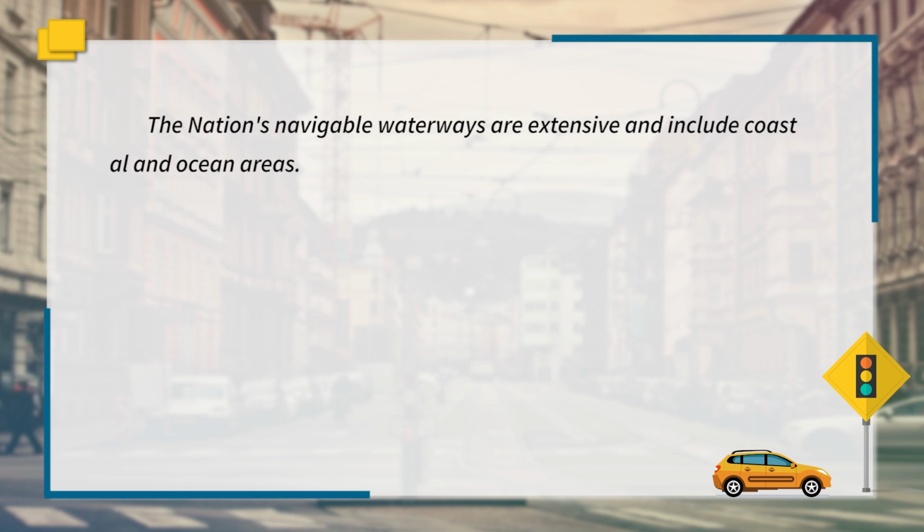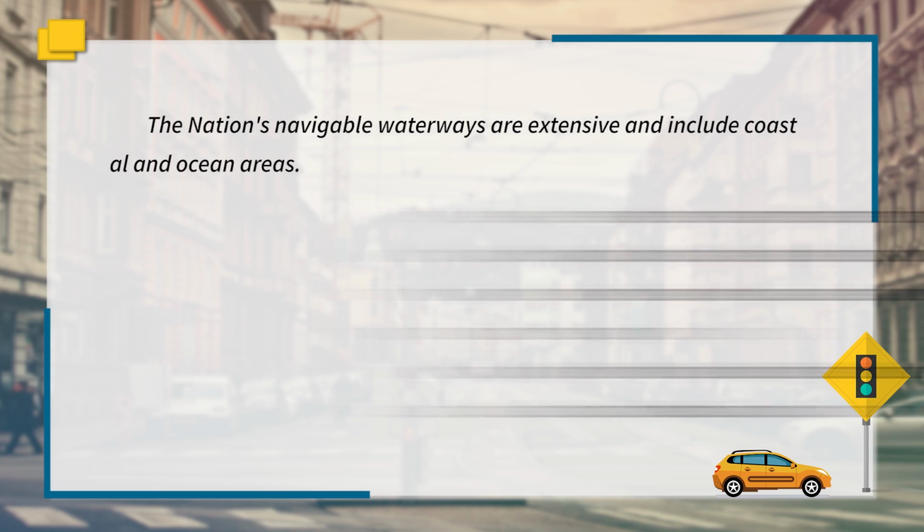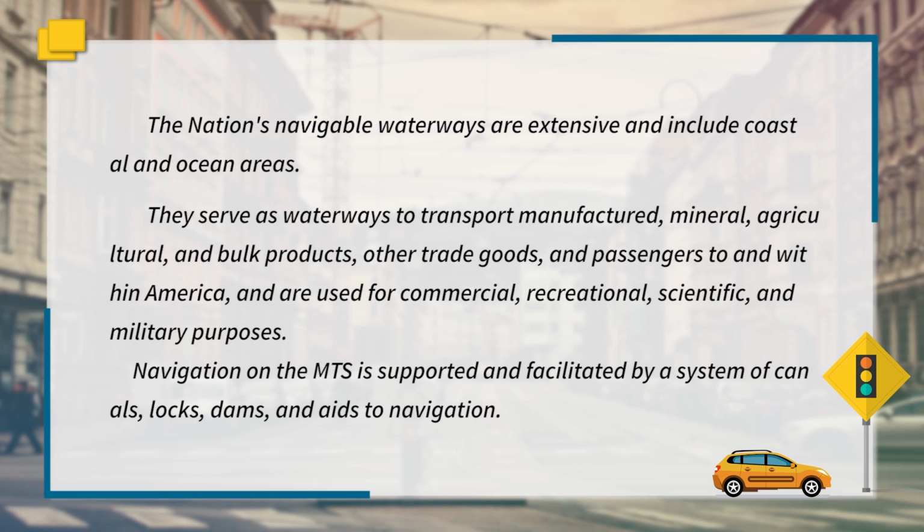The nation's navigable waterways are extensive and include coastal and ocean areas. They serve as waterways to transport manufactured, mineral, agriculture, and bulk products, other trade goods, and passengers to and within America, and are used for commercial, recreational, scientific, and military purposes.